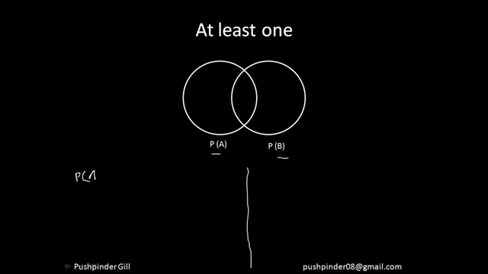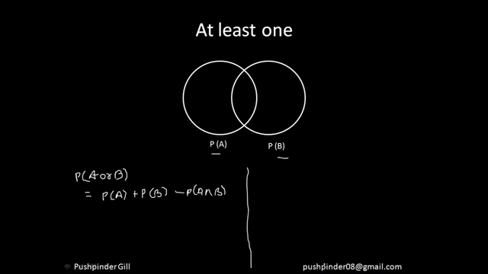That means I need to calculate that either A can happen or B can happen, right? So as I explained earlier, I add the probability of A, add the probability of B, and deduct the probability of both the events happening, right? I can do that.